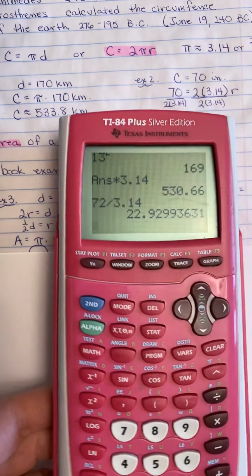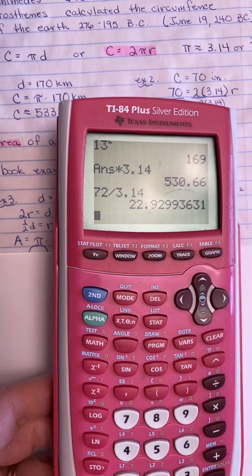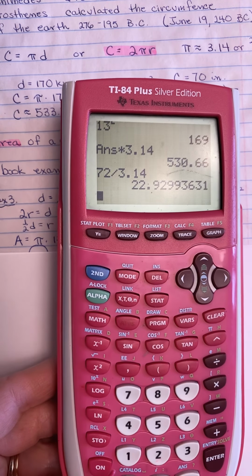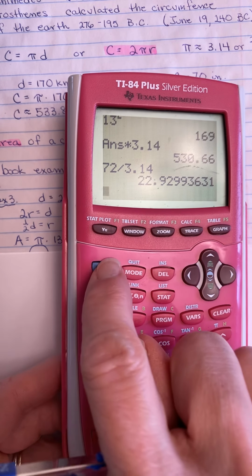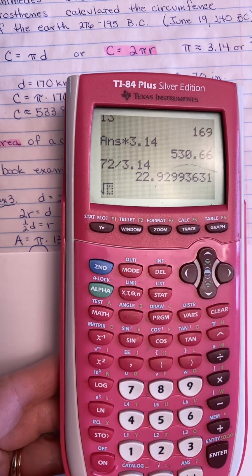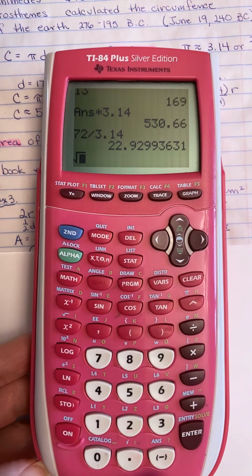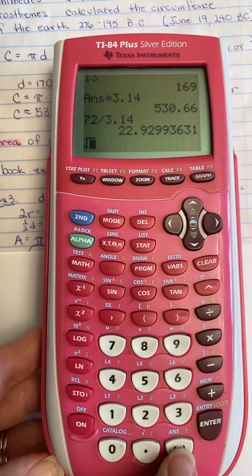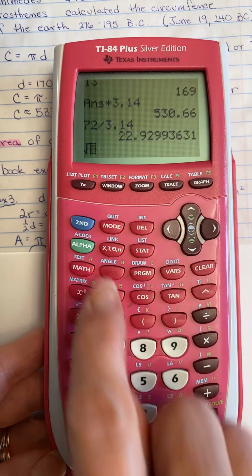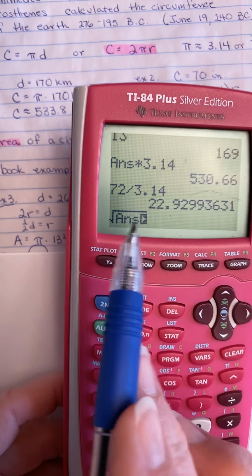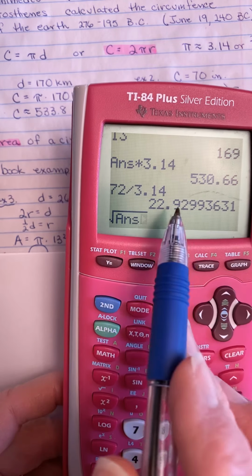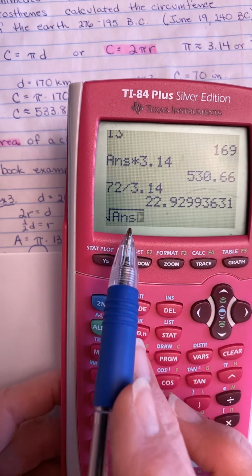Now notice how I did not clear my screen, and I'm not going to clear my screen. Now I'm going to take the square root, which my square root button is right here, and remember you have this on your calculator also. See where it says answer? When I press second and that button, it says answer, and it has put in this long decimal expression right there.